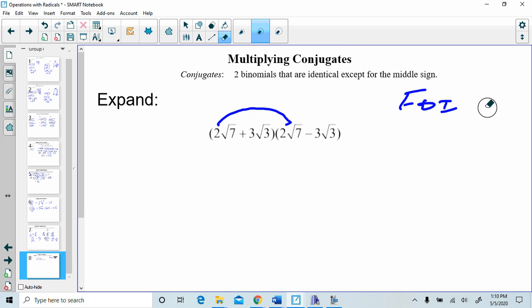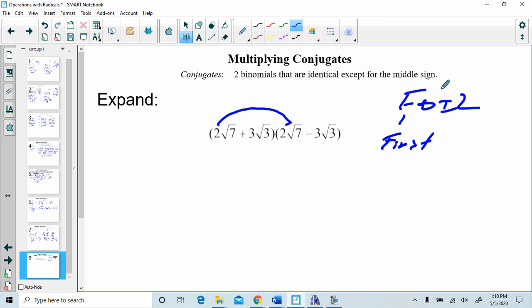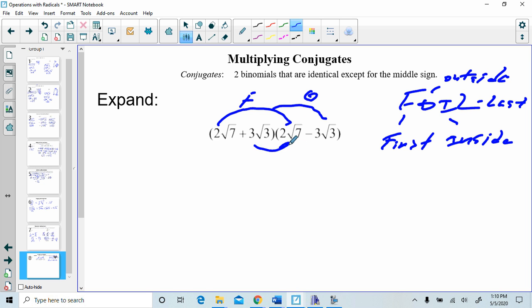Okay, so when we actually multiply out these radicals, what it means is first term, outside term, inside term, and last term. Okay, so that's what we're doing here. So this is first. Okay, then we'll just continue and do outside. This will be inside and last. Okay, so we have an order to follow here.